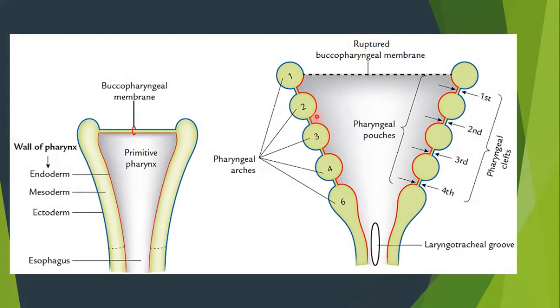The pouches between the pharyngeal arches internally are the pharyngeal pouches. Then you have this area, this or this or this. Those are your pharyngeal membranes.